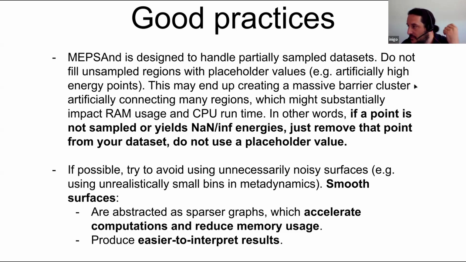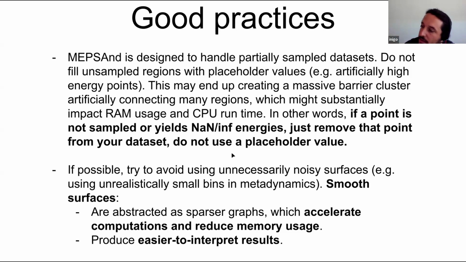For example, in metadynamics, it's pretty common that you don't sample your whole sampling space at all. Like your system may sample some points and leave others unsampled. So if this is the case, do not use placeholder values. Just remove those points.